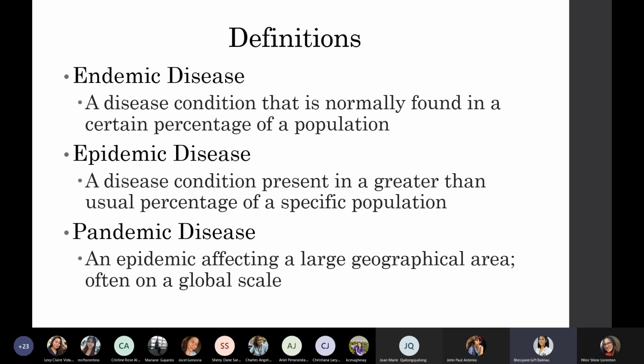An epidemic is a disease condition present in a greater than usual percentage of a specific population. Usually when it covers most of the population of a country, that is called an epidemic, just like in Wuhan, China, where most of the people had acquired the disease. And for the pandemic, the coronavirus 2019, it affects a large geographical area, often on a global scale. So its transmission is global.